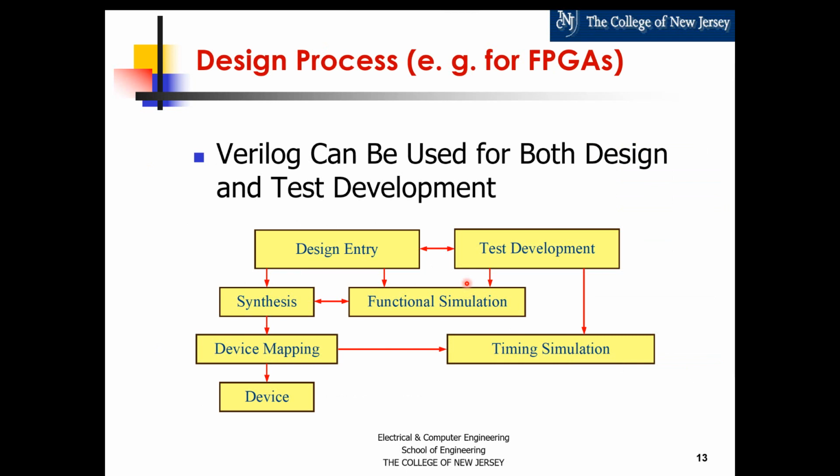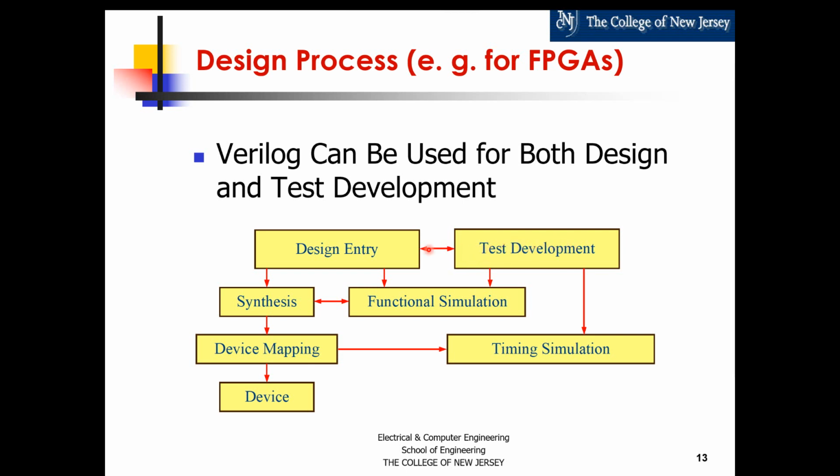As you go through the tutorial in your first lab, you're going to see a flow very similar to this. This is a simplified flow of what you would follow to design a chip or an FPGA. You would enter your design that you're trying to synthesize, and at the same time, you would develop the testing.